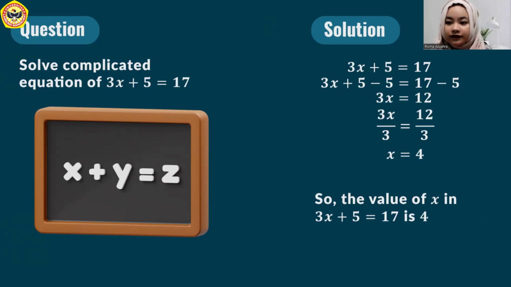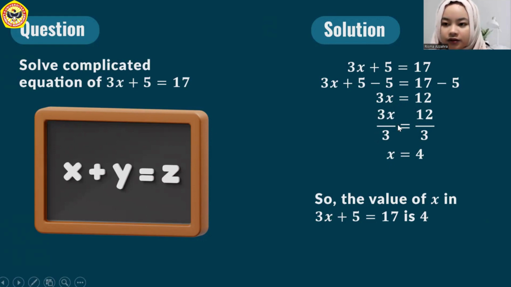We just simplify both sides by subtracting 5. So we get 3x equals 12.